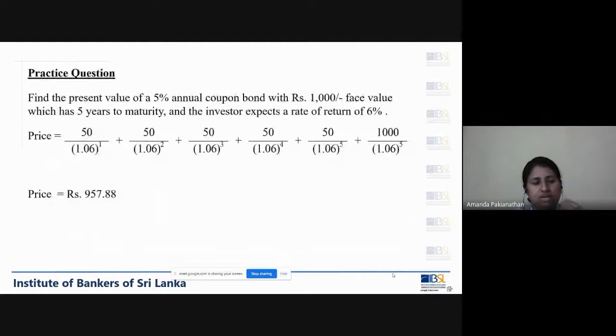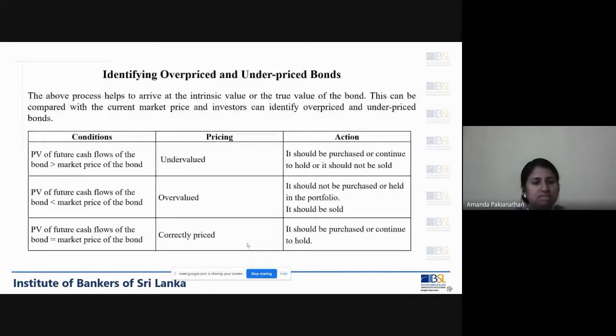Now in the earlier question, the real value of this bond is 958 rupees. My calculation tells me that if I buy this bond, the benefit in today's terms is worth only 958. If I have to pay 1000 to buy this 958-worth bond, is it worth it?